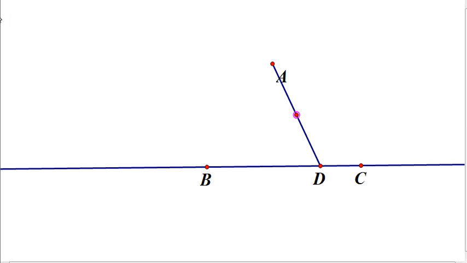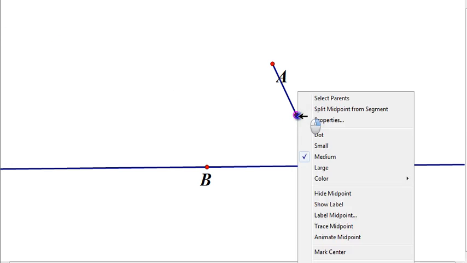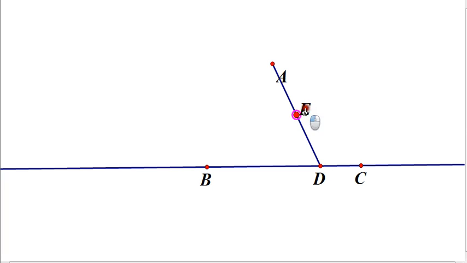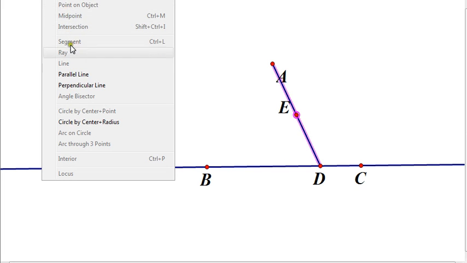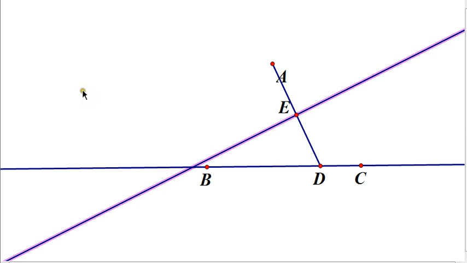We label this point as E. At E, to line AD, we draw a perpendicular bisector, a line which always remains perpendicular to AD and passes through its middle point.